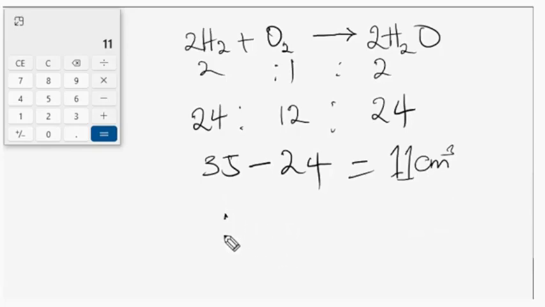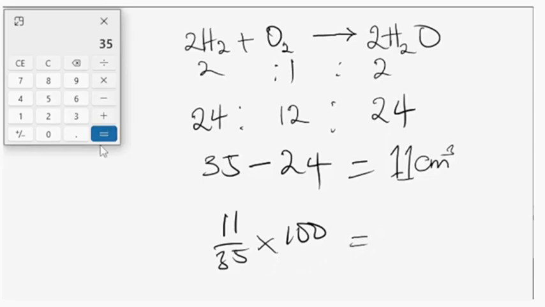So that will be 11 over 35 times 100, and that's, guys, let's see, 11 over 35 is 0.314 times 100, and that's 31.4.